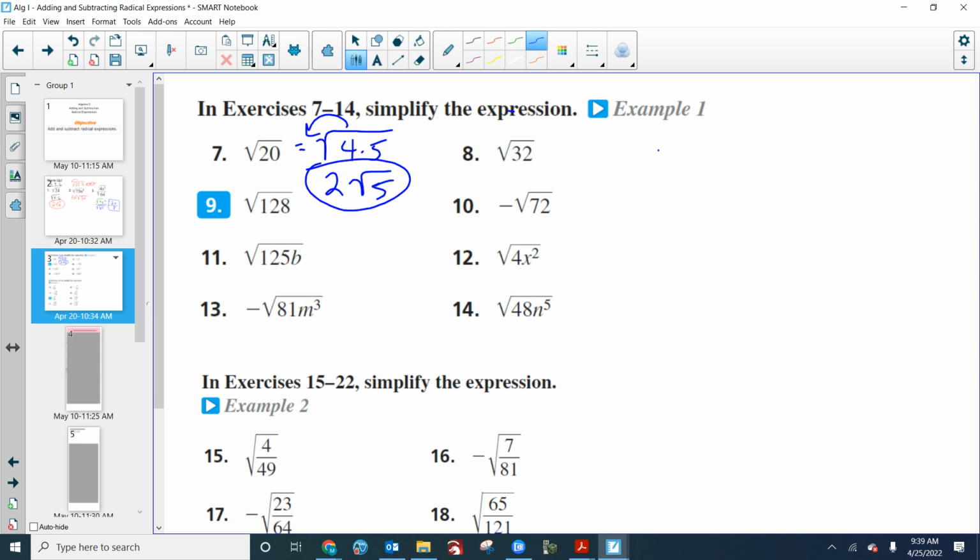I'm going to try perfect squares. Just what? A couple people?